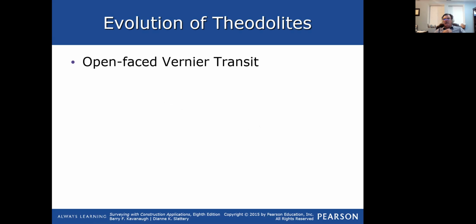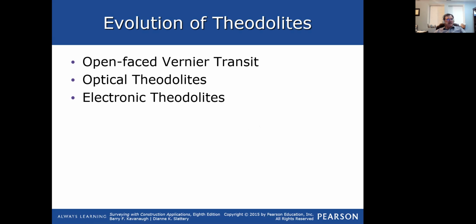This is a quick little overview of theodolites. It's not that important to you, and I will just quickly mention them. These open-faced vernier transits, I have used them. What they were able to do was turn an angle, and then you had to actually read a vernier.